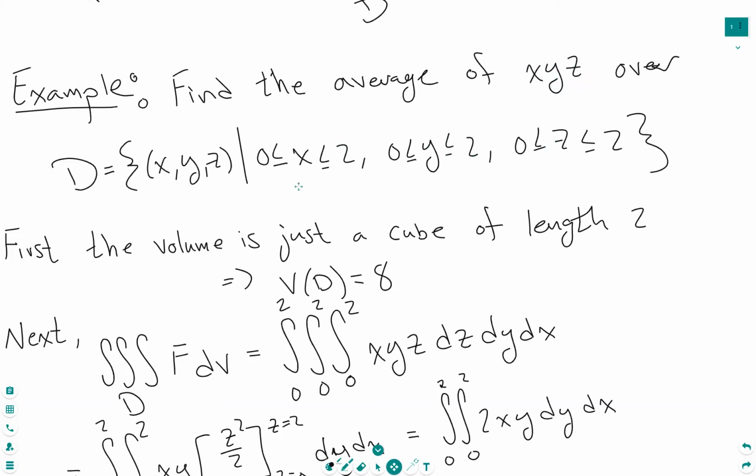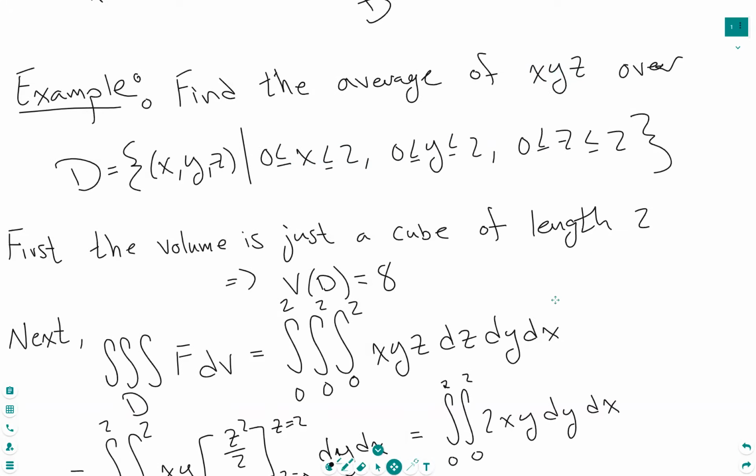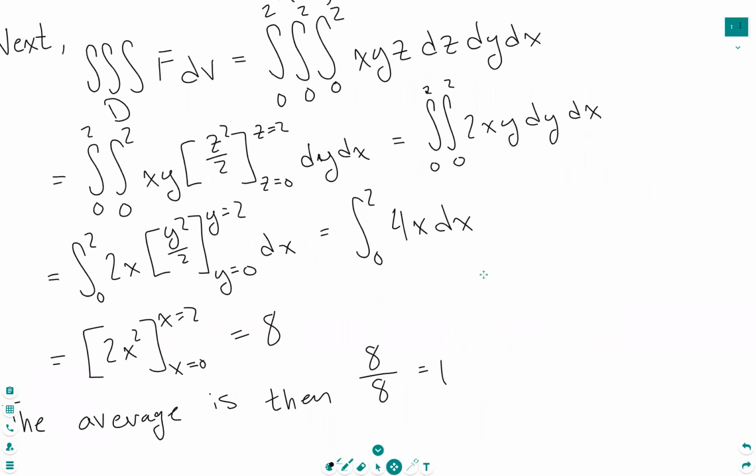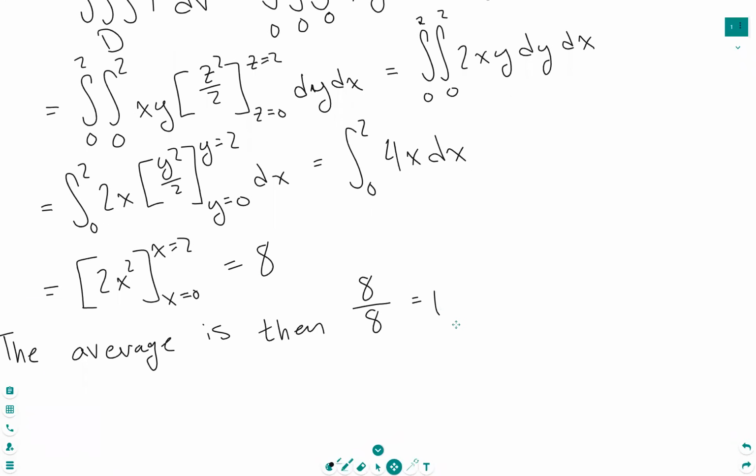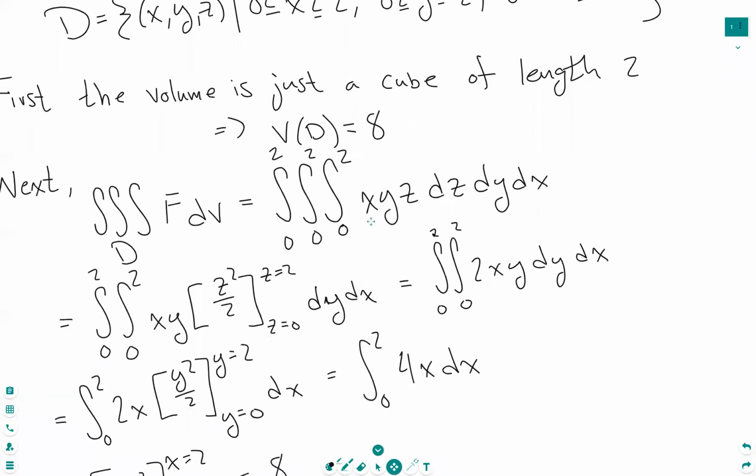So in one corner, I've got 0. In the other corner, I've got 8. And it linearly increases in the x direction, the y direction, and the z direction. So it makes sense that the average should be 1. If you subdivide into little cubes, the values go from 0 all the way up through 8.